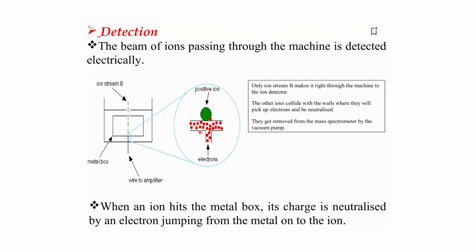Here is a positive ion, and other ions collide with the walls where they pick up electrons, and hence the positively charged ion gets neutralized because an electron is knocked into it. They get removed from the mass spectrometer by the vacuum pump.